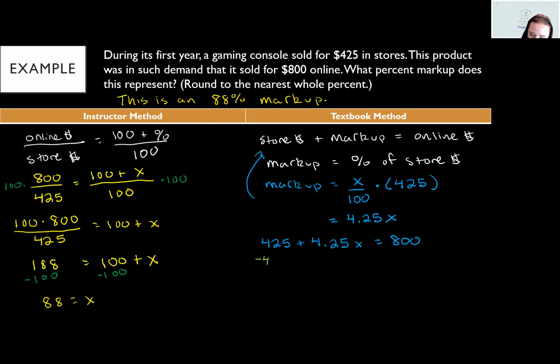So I'm going to subtract 425 from both sides. So we have 4.25x equals 375.